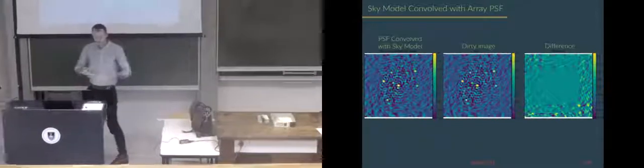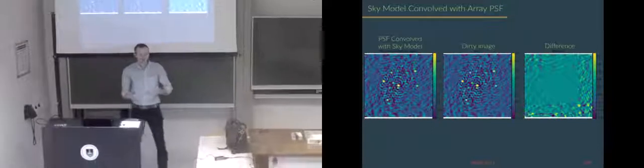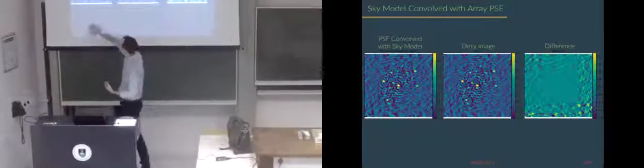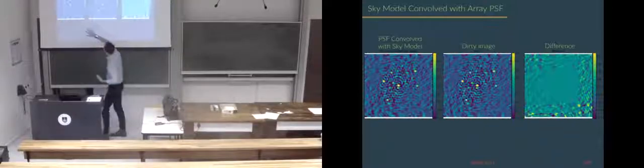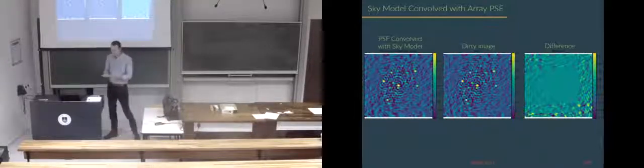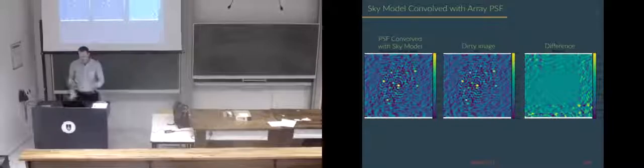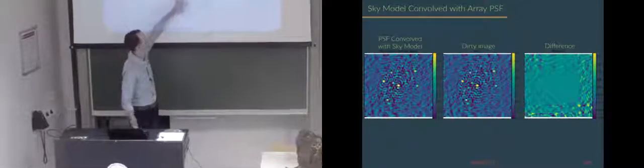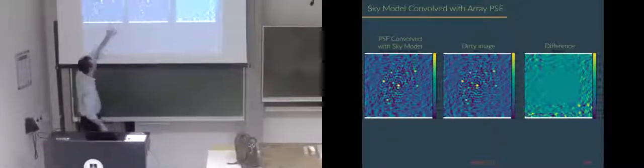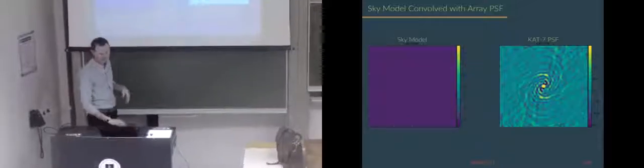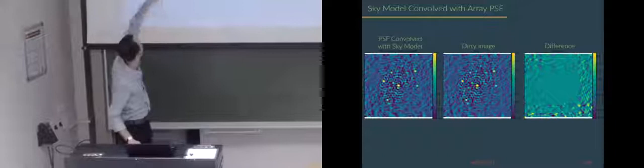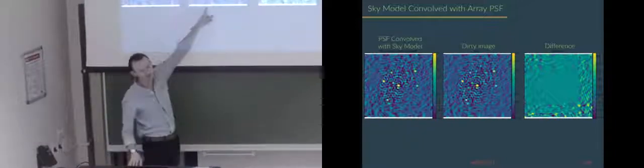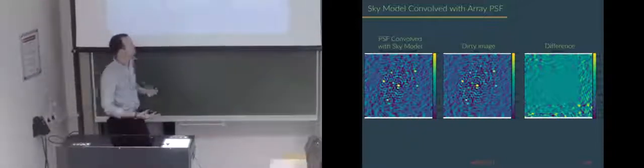But what we start with, after we make an observation and make an image, a dirty image, we get this, which is effectively the convolution of the PSF with that sky model. So that's our dirty image, right? And you can see that if you were to take these two things and convolve them together, you get this, which looks pretty similar to the dirty image, because they are effectively the same thing.